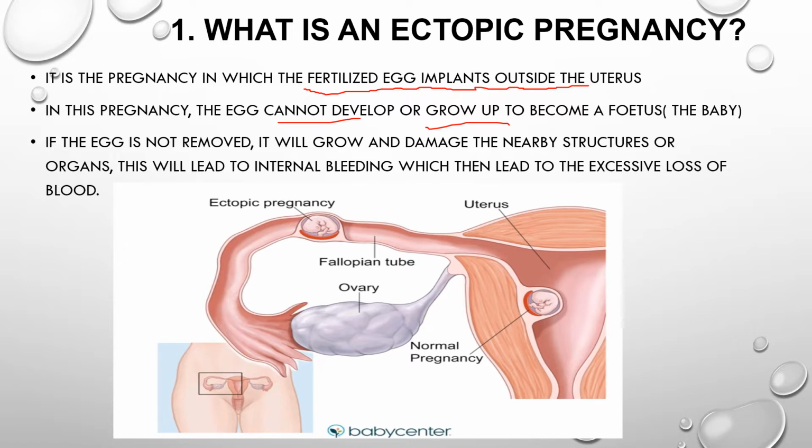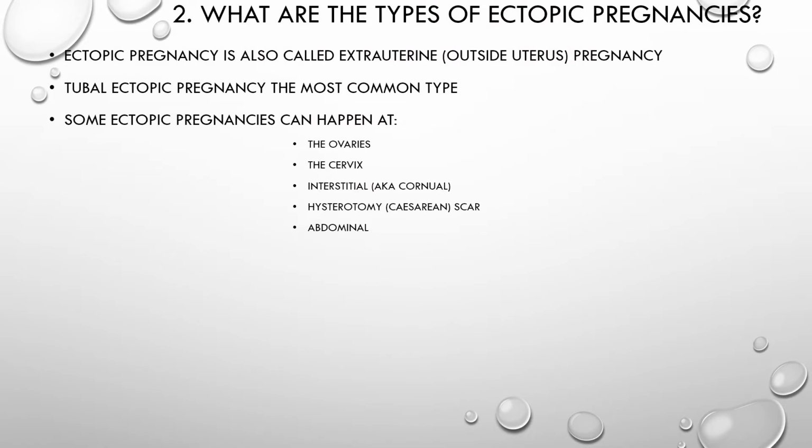All right, let's go to the next question. What are the types of ectopic pregnancies? In today's video, we will focus only on one type of ectopic pregnancy. Ectopic pregnancy is also called extrauterine pregnancy, meaning that it develops outside the uterus, as I've shown you in the previous slide.